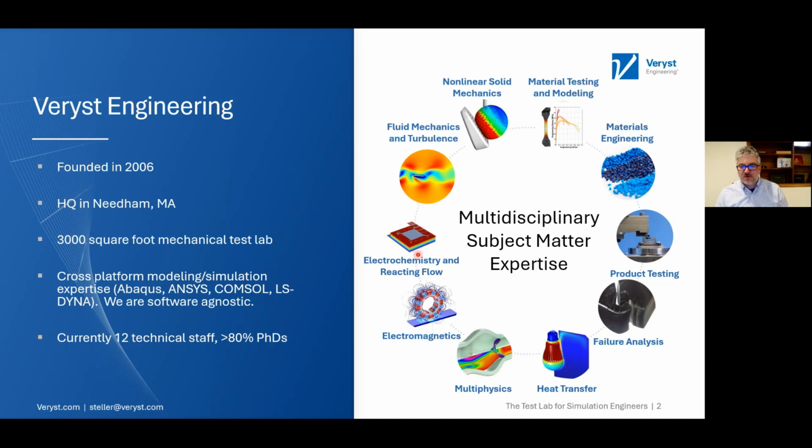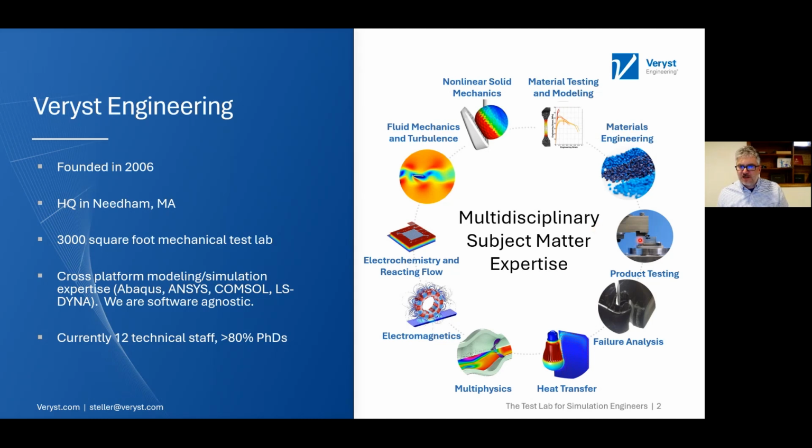And then we work in multiple different areas. So we do a lot of simulation analysis, we do a lot of failure analysis, and we do a lot of material testing and modeling for our clients. Over on the right, you can see a bit of that breakdown, where over here you have what we're going to be talking about today: material testing and modeling, nonlinear solid mechanics. Not really materials engineering, though maybe it falls into that category.